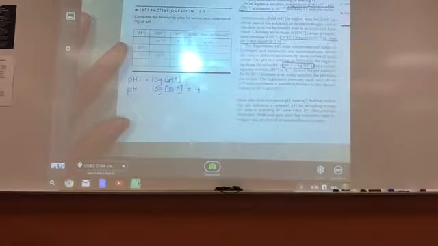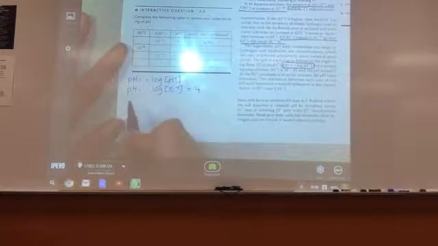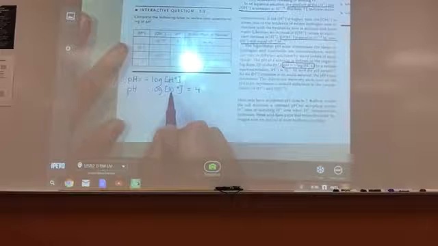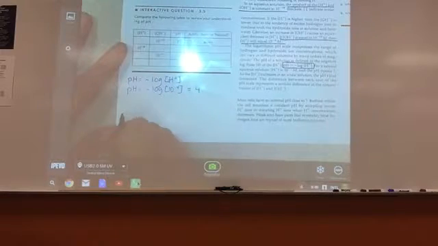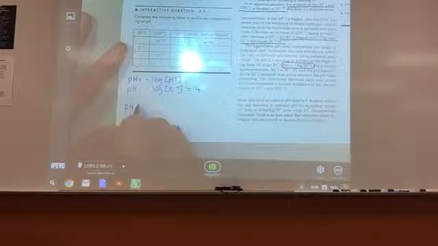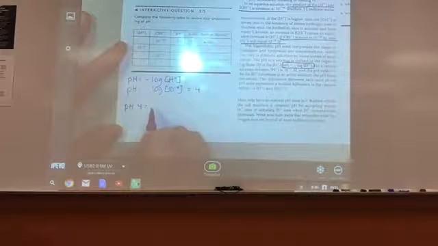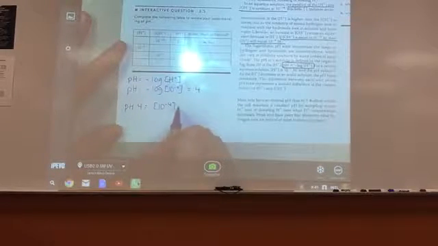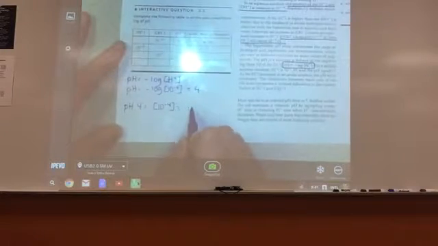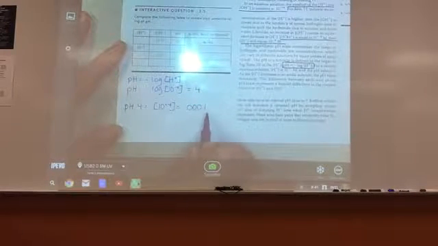So how does that relate to the pH scale in terms of the numbers? What does a 10 to the negative 4 hydrogen ion concentration mean? If you have a pH of 4, the hydrogen ion concentration of 10 to the negative 4 means 0.0001.